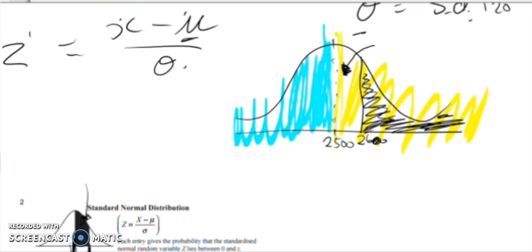If we look at the yellow section, we want this black shaded piece here. The table's going to give us this. Then we want to go a half minus this probability that we find in here. So let's go ahead and find this probability in the speckled piece first.